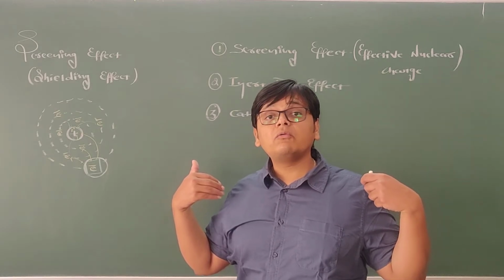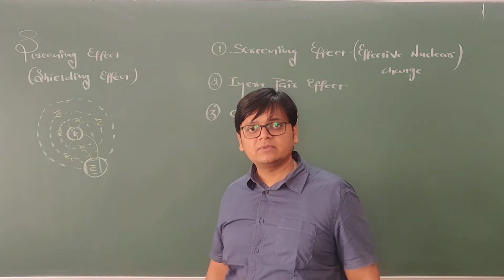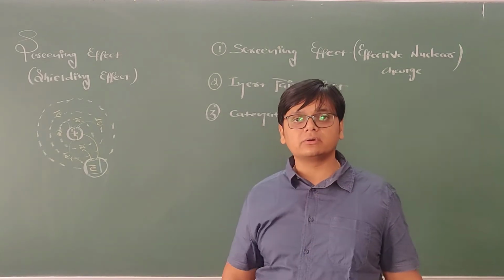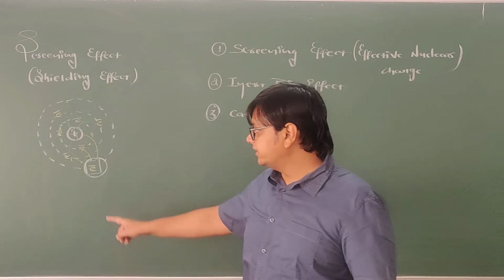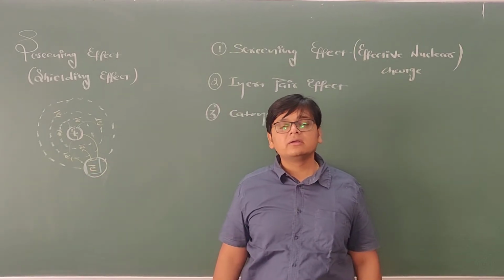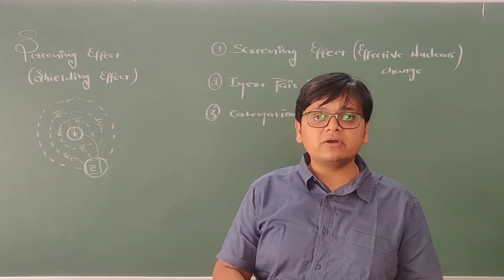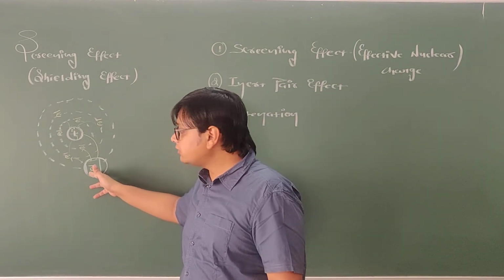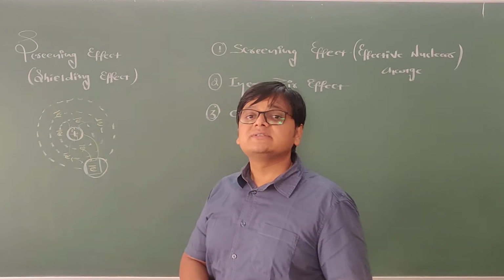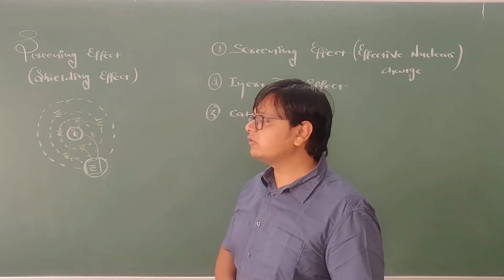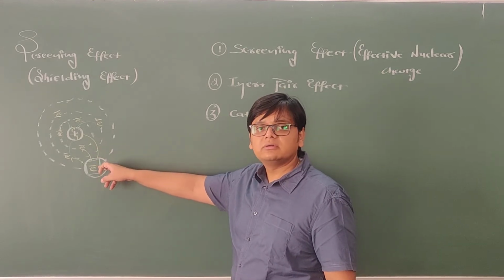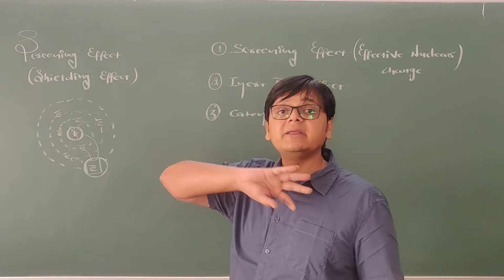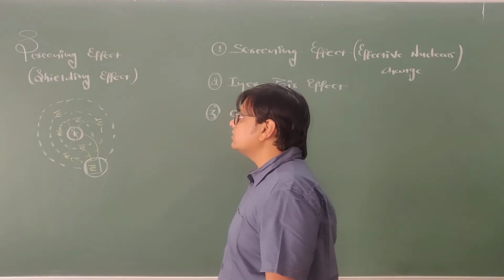It will go far away from the nucleus because it is a repelled electron. So due to the screening effect, the attraction of the outermost electron from the nucleus will decrease because it remains repelled. This effect is called the screening effect.